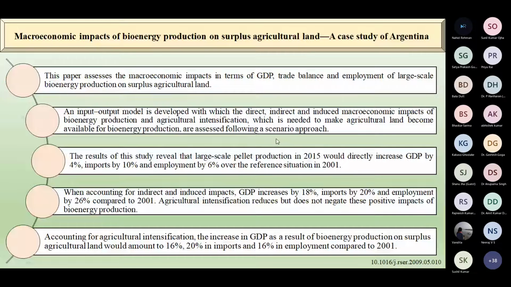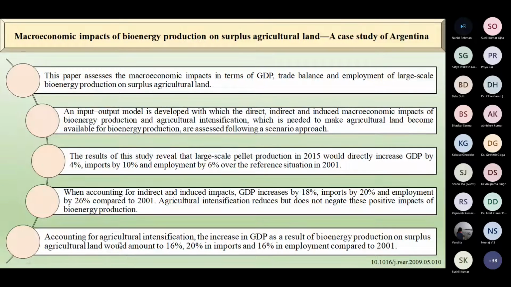In this study, large scale pellet production in 2015 increased the GDP by 4%, increased the import by 10%, and employment by 6%, in comparison to 2001.